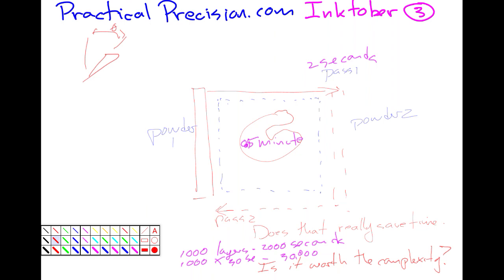Well, if that is critical, then we need to reverse that angle in order to go back and forth. So you just need to explore it and come up with an answer early on, yes or no: is the estimated time savings worth all of that extra complexity?